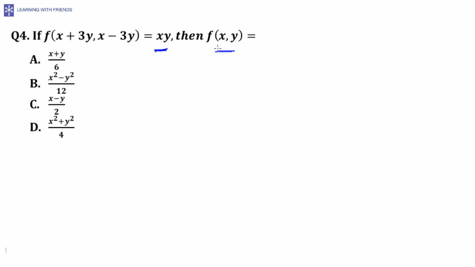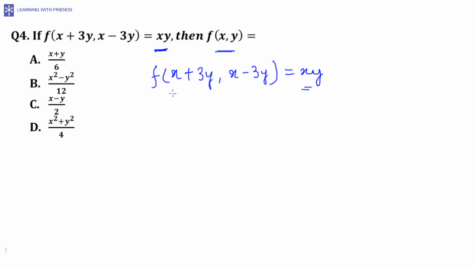So this is a slightly tricky question, because what we are given is that when you input x plus 3y and x minus 3y into the function, you get xy. So we have to manipulate this in a certain way to get xy, and whatever manipulation we do, that will give us the function xy.